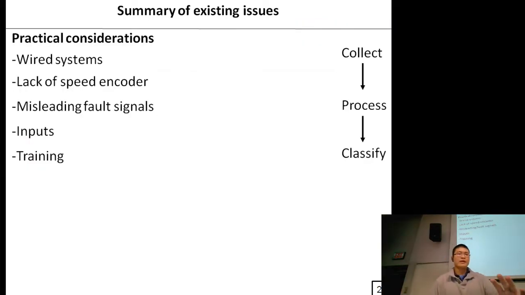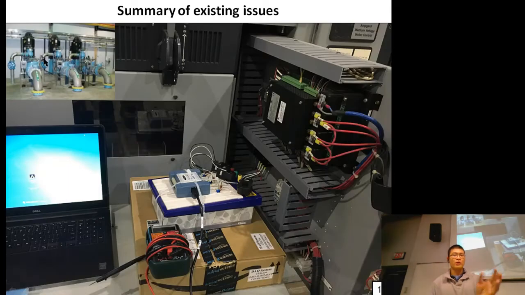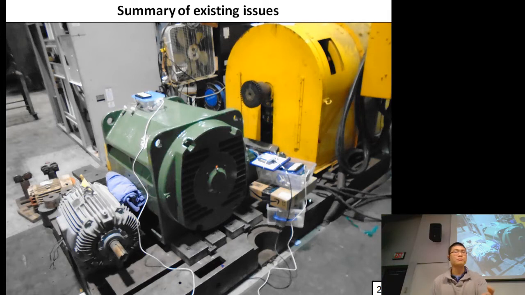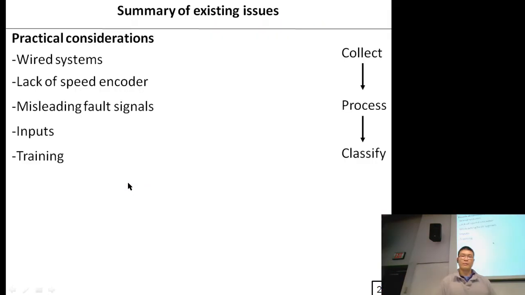Because no company actually does it, you'll never see any laptop next to an open current transformer in any plant. You'll never see wired systems collecting data from motors that are coming in weekly. So that is a problem with wired systems.